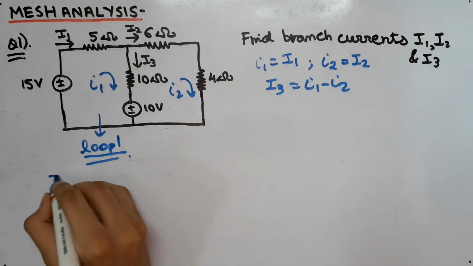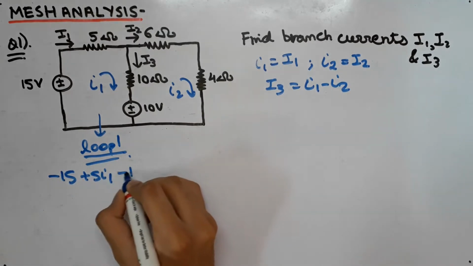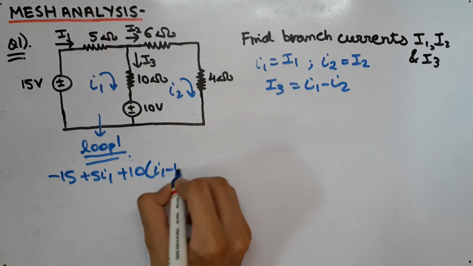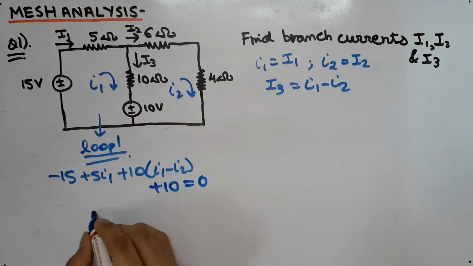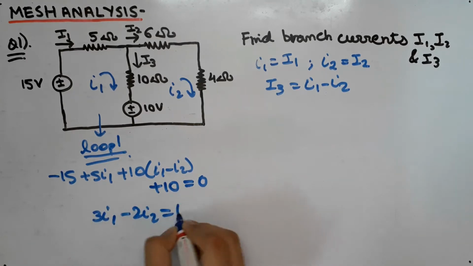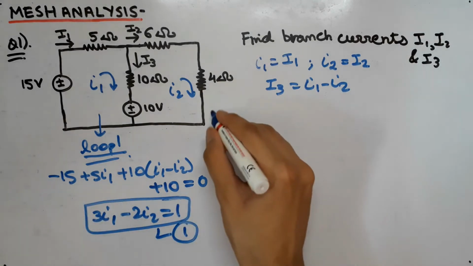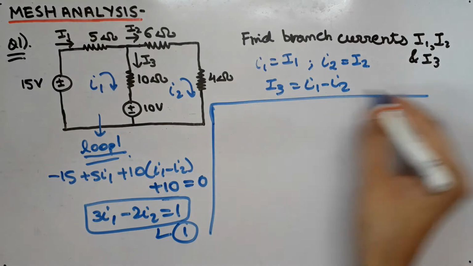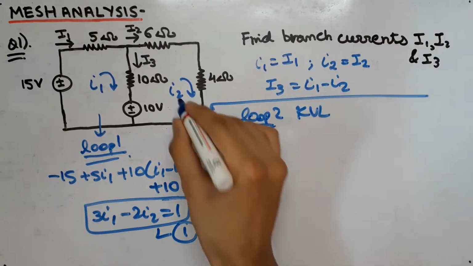Now we will get the equation as minus 15 plus 5i1 plus 10 into (i1 minus i2) plus 10 is equal to 0. Now on solving this, you will get 3i1 minus 2i2 is equal to 1. That is our equation 1. Now similarly we are going to apply KVL in loop 2, that is in this loop.